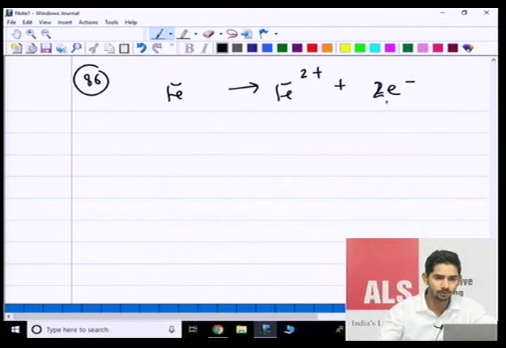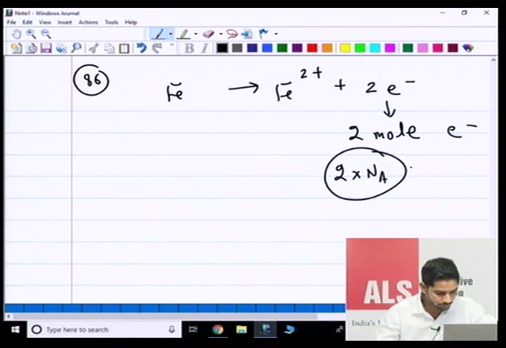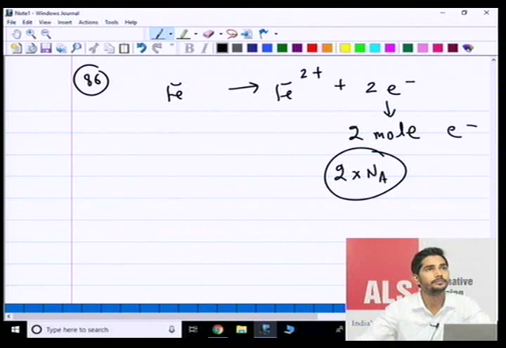So these are actually 2 moles of electrons, and we know that a mole can be represented by the Avogadro number. So 86 should have option B. Clear? Next question.